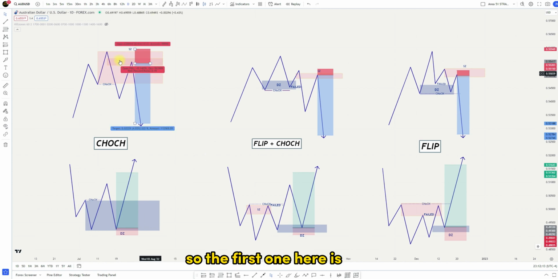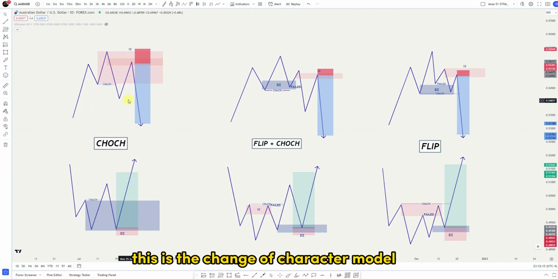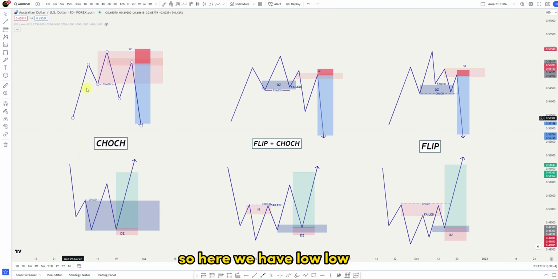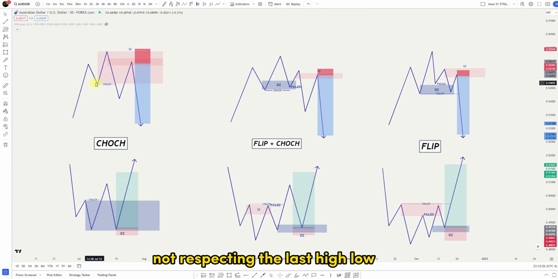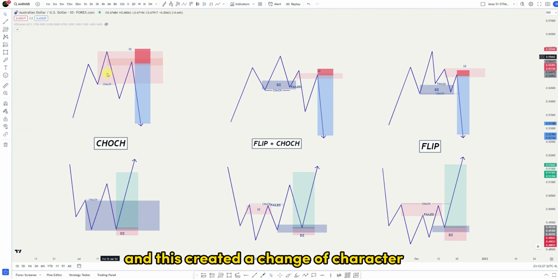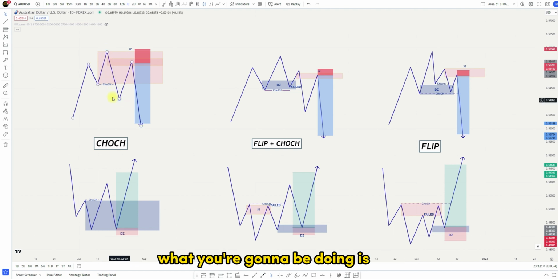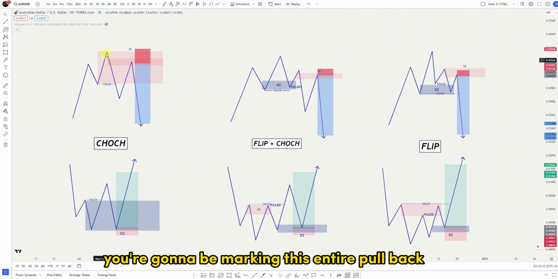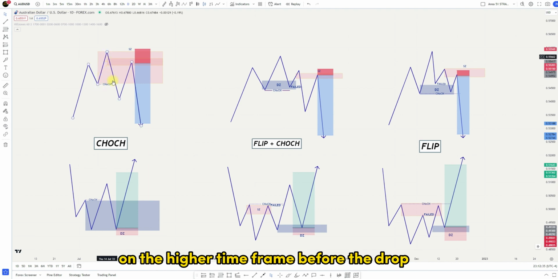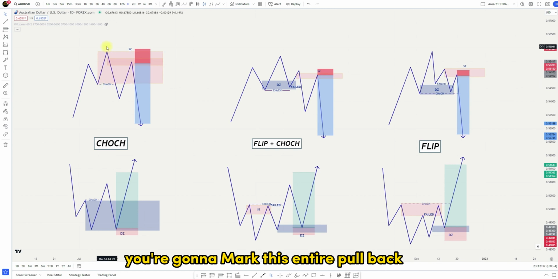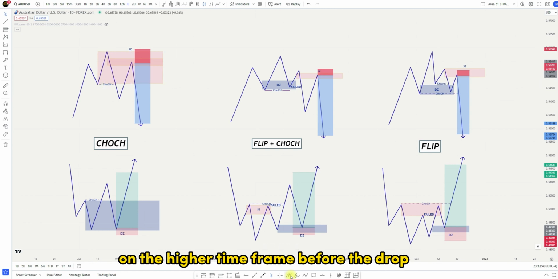So the first one here is the change of character model, or CHoCH model. Here we have lower low, higher high, higher low, higher high, and then the price not respecting the last higher low that created the higher high, and this created a change of character. Once this happens, you're going to mark this entire pullback on the higher time frame before the drop.